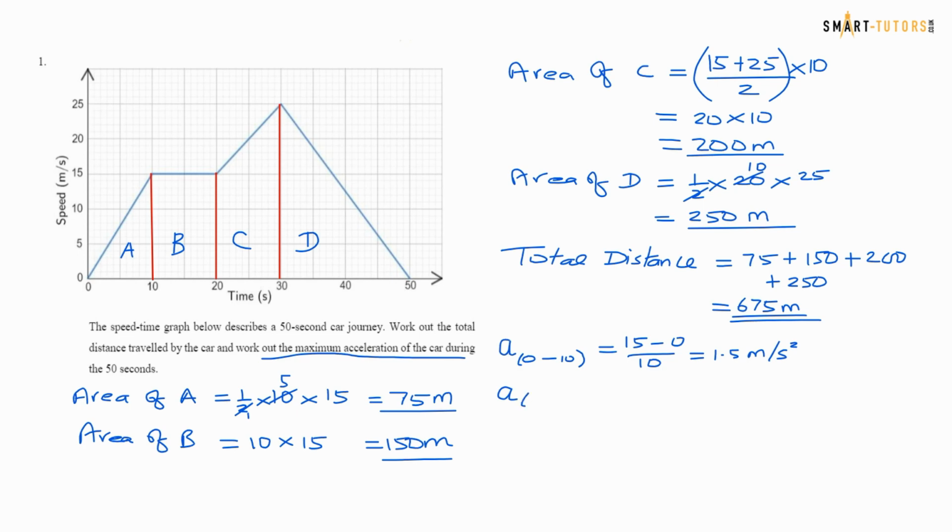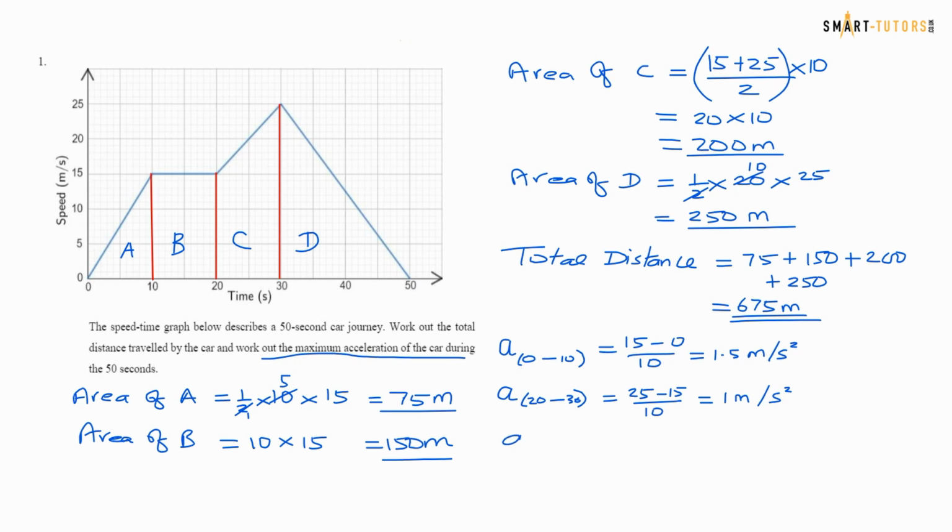Acceleration between 20 and 30, which is here: 25 take away 15, and divide by 10. 25 take away 15 is 10, 10 divided by 10 is 1 meter per second squared. So the maximum acceleration of the car is what? 1.5.